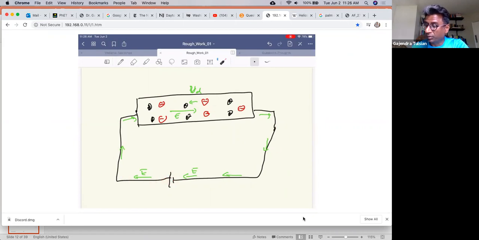Now in metals, we know that it is electrons that flow, and they flow in the opposite direction of the current. So the convention was that currents flow in that direction.